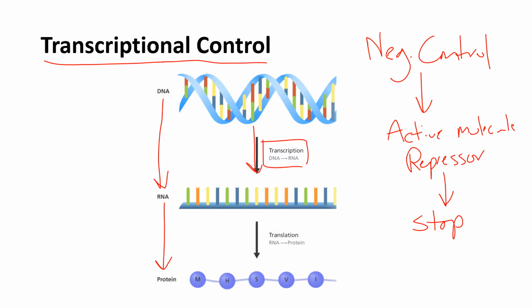What it's actually going to stop is transcription. So in an operon, when you have an active repressor, that is going to stop transcription.